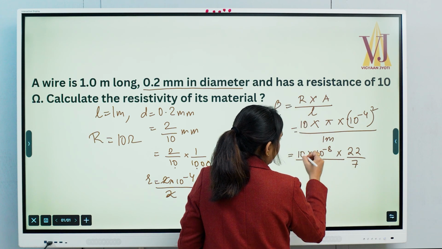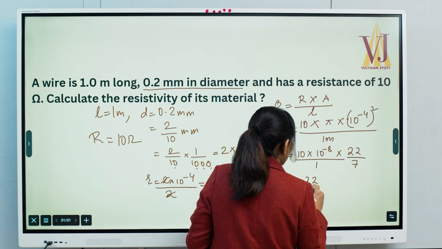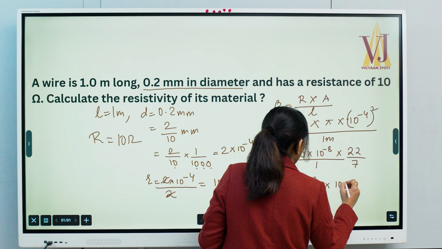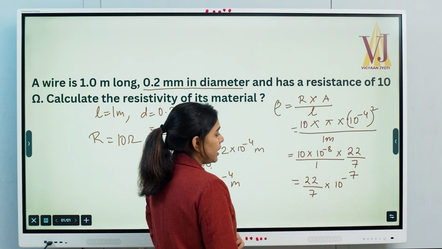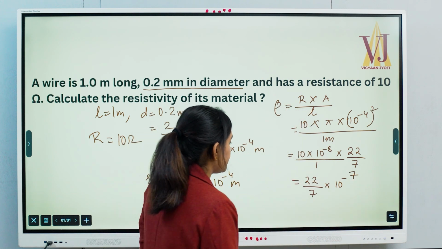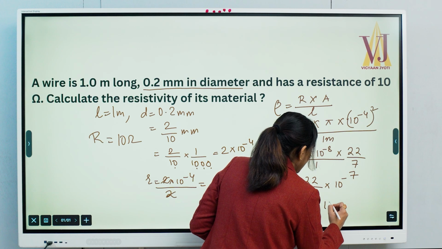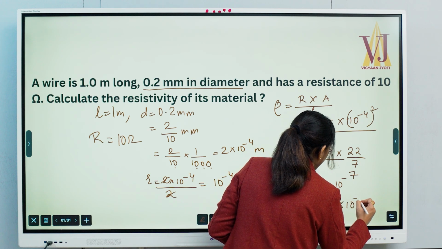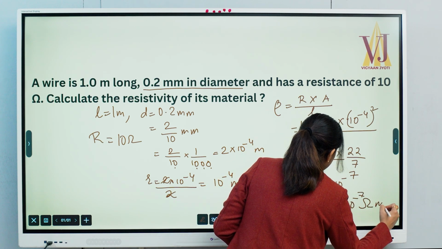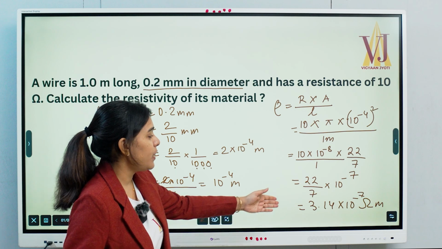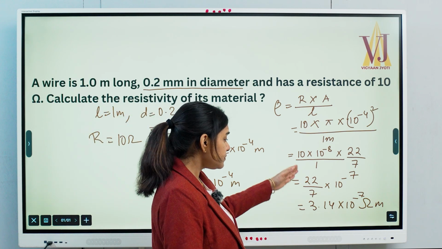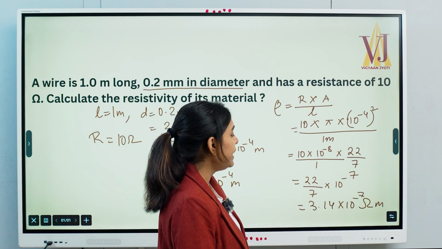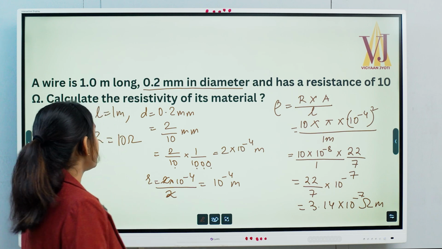So it will be 22 by 7 into 10 to the power minus 7. Now instead of dividing, we know 22 by 7 is 3.14 only. So 3.14 into 10 to the power minus 7 ohm meter. Calculate the resistivity of the material.